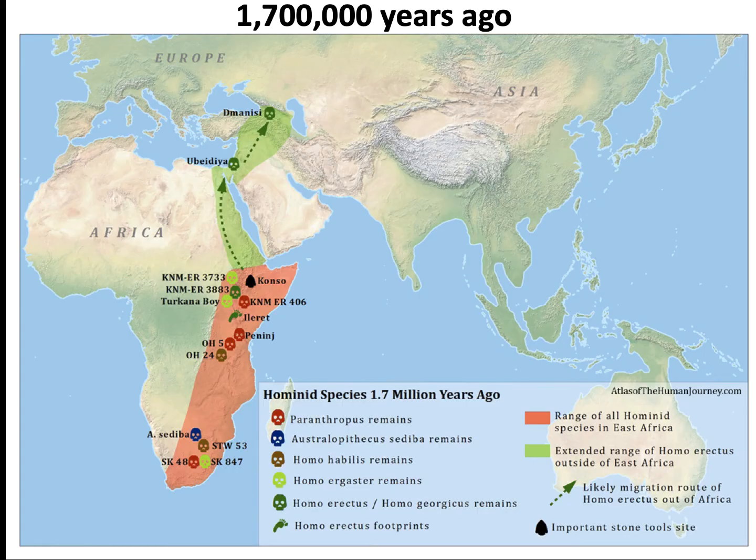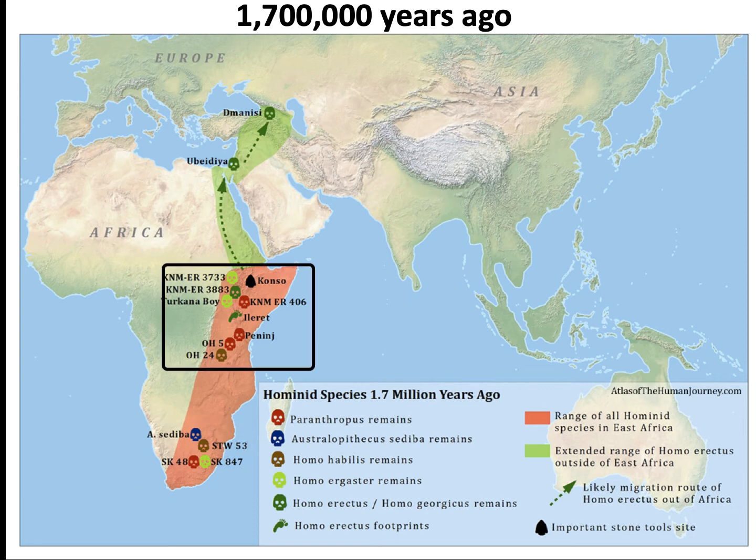From the fossil evidence, including skulls and skeletons and footprints, by about 1.7 million years ago, several species of hominins were present in East Africa. In southern Africa, there were Australopithecus, Homo habilis, Homo ergaster, and Paranthropus.